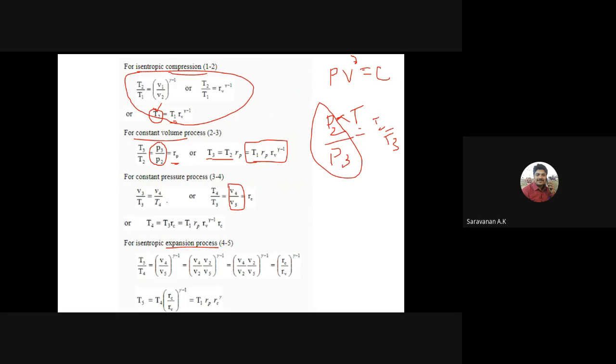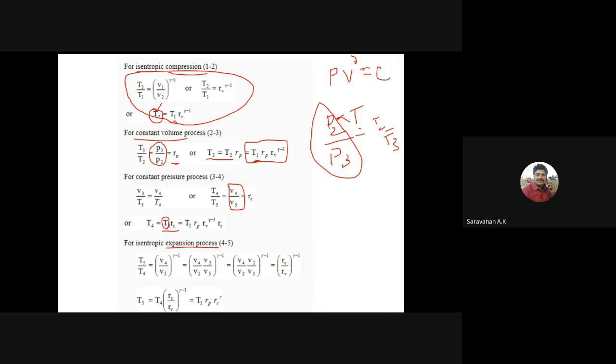That RC will be inserted here. So T4 in terms of T3 into RC, then we have the value of T3 in terms of T1, so we can substitute it here instead of T3. Now for the expansion process, the same, T5 by T4.